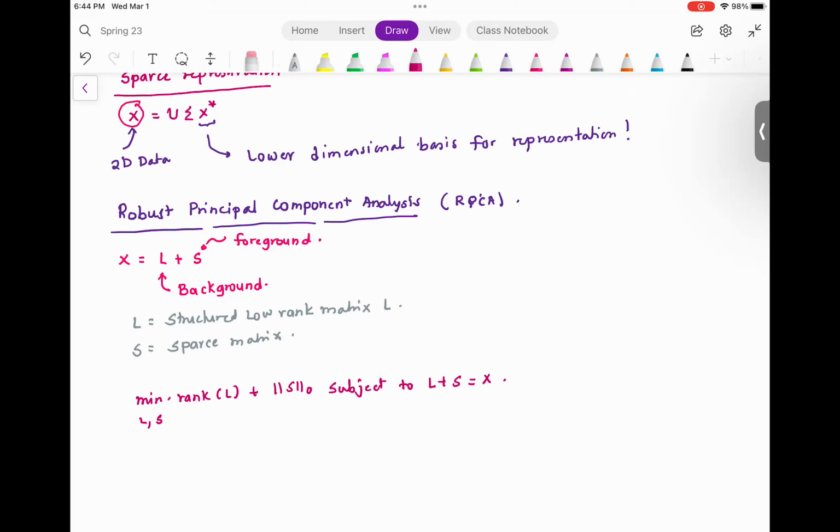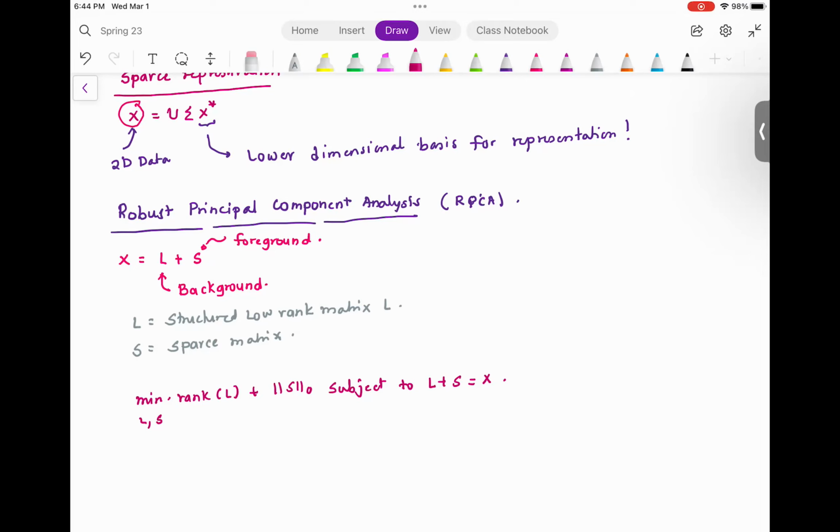So to solve this problem, we want to identify the part L of that data, which is a structured low rank matrix L, and then S, which is the sparse matrix. In other words, you have this data, and somehow you want to filter out or separate signal from noise.